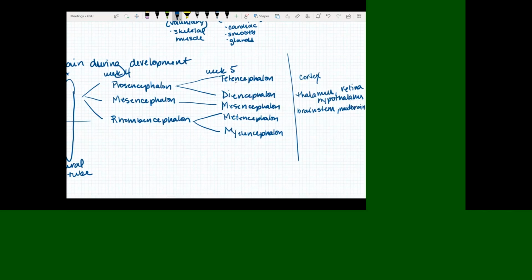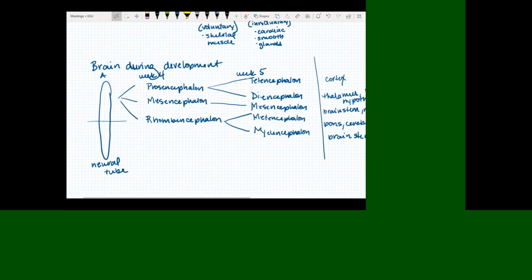Your metencephalon will become the pons and the cerebellum. And then your myelencephalon will also become part of your brainstem. So as we start talking about the areas of the brain, this is how and when they develop during this process of neural development.